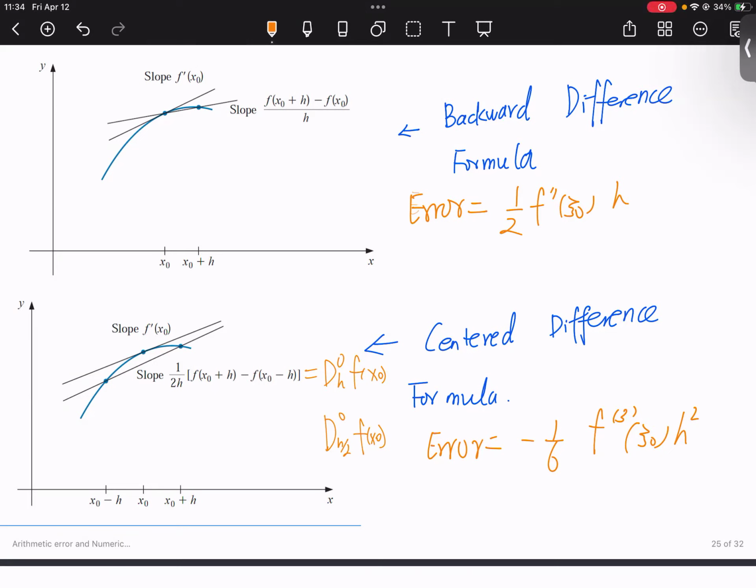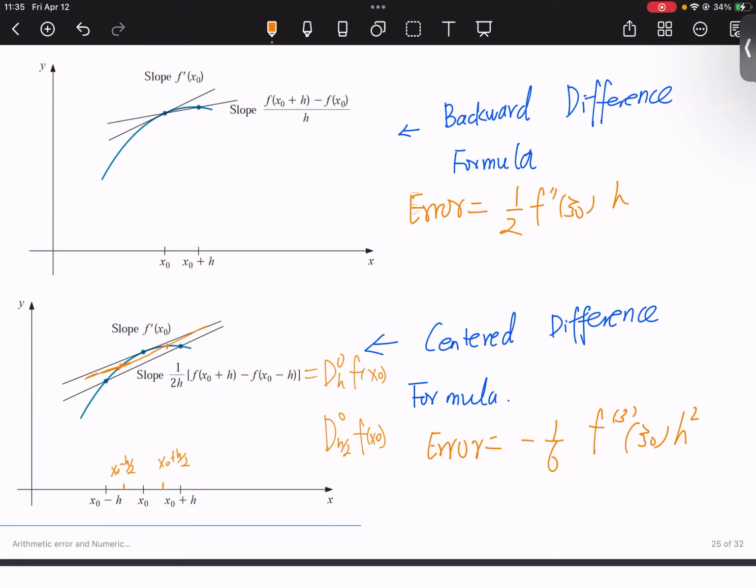We are going to use another pair of data points, x0 minus 1/2 and x0 plus 1/2, and then we connect them with a line, and use this slope to approximate this slope here.